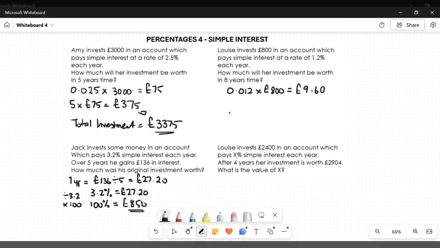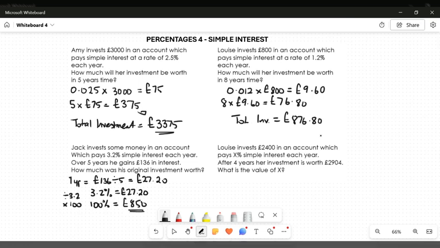So in 8 years, 8 times £9.60 gives us a total interest of £76.80. So her total investment is her original amount, £800, plus the interest.